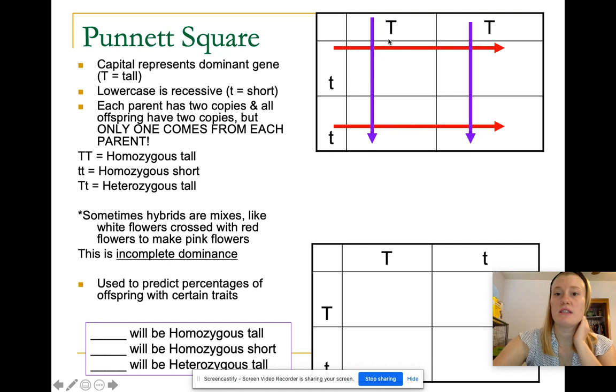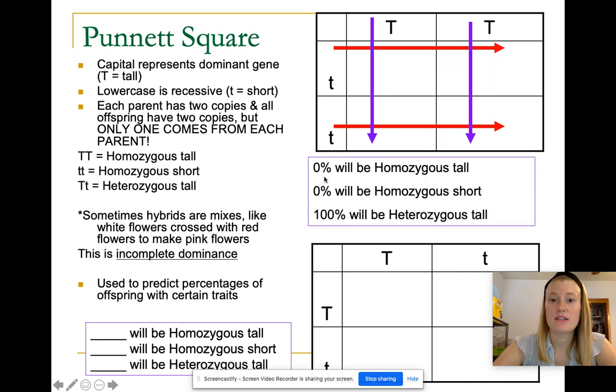So as we can see, the alleles from the top come all the way down. They go into each box going down, and then these alleles go sideways and they go into each box. So that would mean that this is a big T, little t, big T, little t, big T, little t, big T, little t, which means that the offspring would be heterozygous.